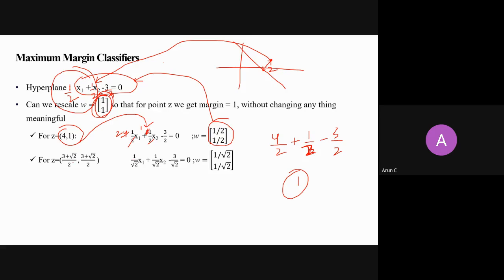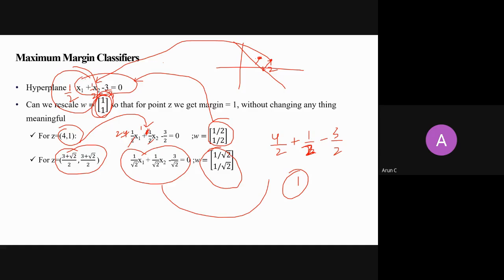So in the second example, you can again scale your W for this Z. This point is somewhere here, and you can scale your W such that this perpendicular distance is equal to 1. You can scale your W, now it is 1 by square root 2, 1 by square root 2. You plug this point into this equation and still you get a 1.